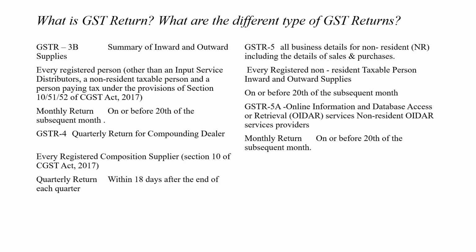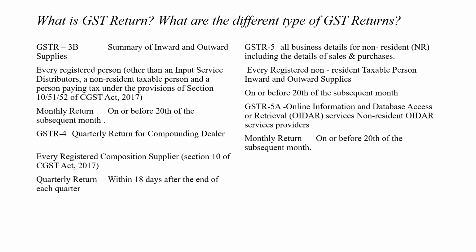Now come to the next form, GSTR 5. All business details for a non-resident, including the details of sales and purchases. Every registered non-resident taxable person, inward and outward supplies, on or before the 20th of the subsequent month must file it.